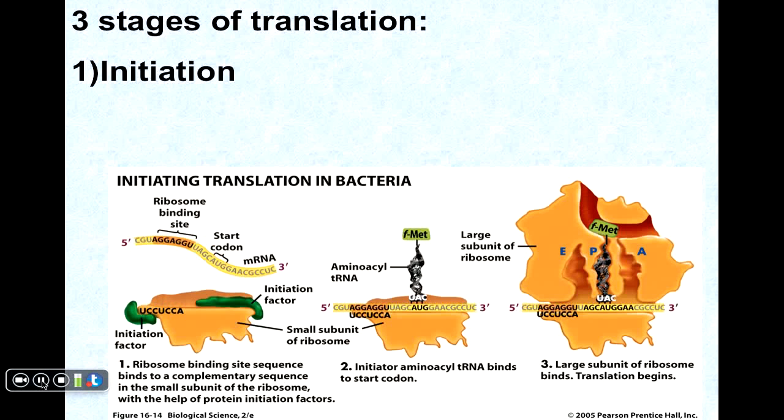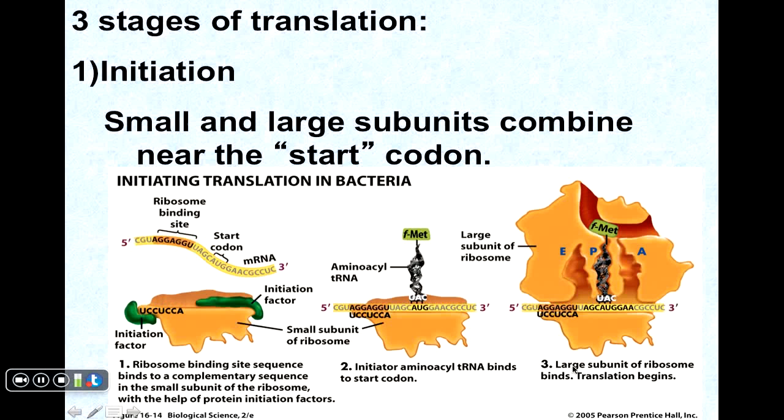So we can also identify 3 stages of translation. Let's first of all focus on initiation. It turns out that ribosomes, these are structures found within cells, contain very specific proteins. They also contain some ribosomal RNA, or rRNA. It turns out that ribosomes consist of 2 subunits. If you look toward the right in this image here, you see this large subunit colored orange, as well as a smaller subunit toward the bottom.